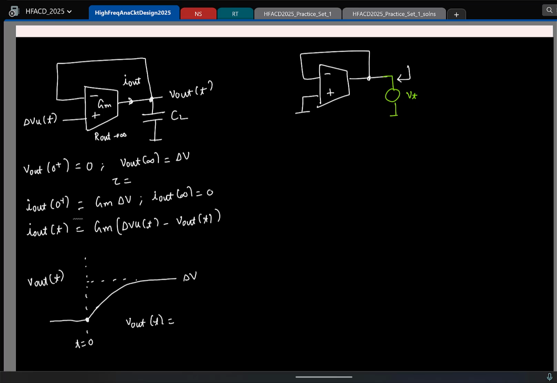You apply test voltage here, this is also at V test. What can you say about this current? Minus GM or plus GM? Minus GM. So which means the current flowing from right side to the left side is what? Okay. So what is the looking in resistance, equivalent resistance? 1 by G.